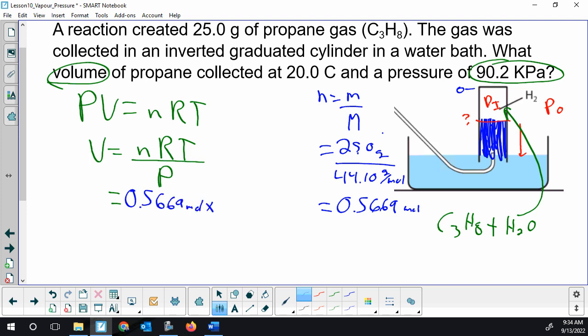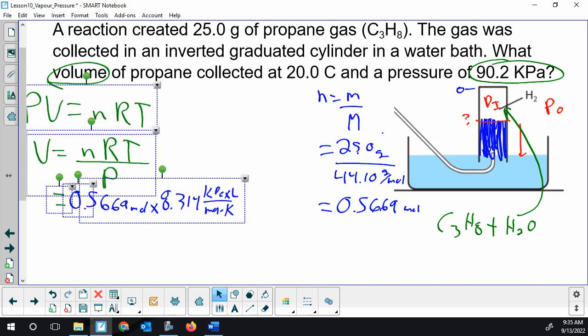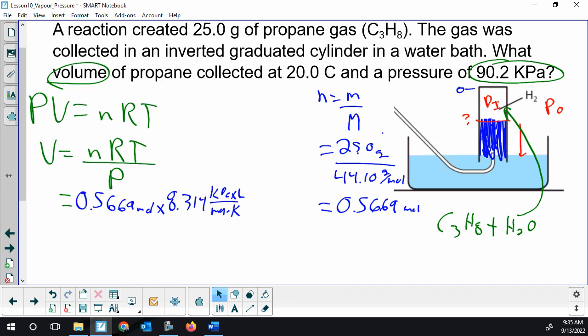So that's moles times R, 8.314 kilopascals times liters divided by moles times Kelvin. Those units are a nice reminder just before we put in our temperature that we have to use Kelvin units.